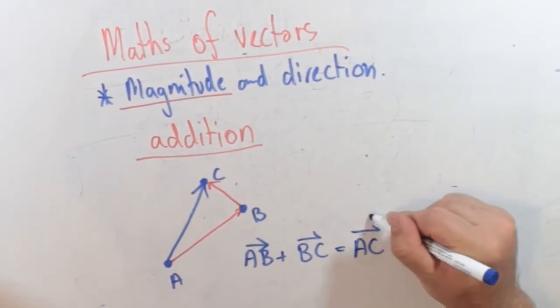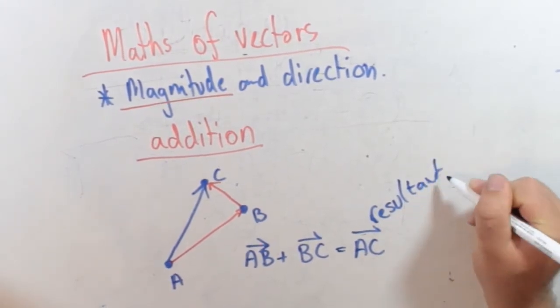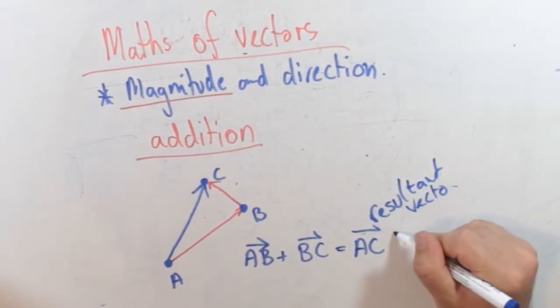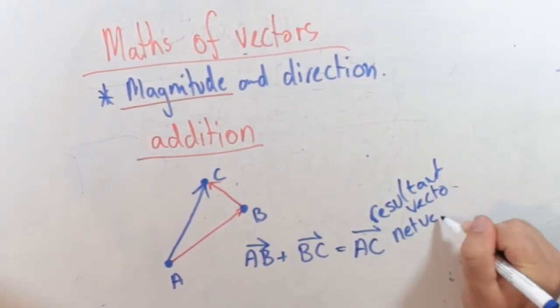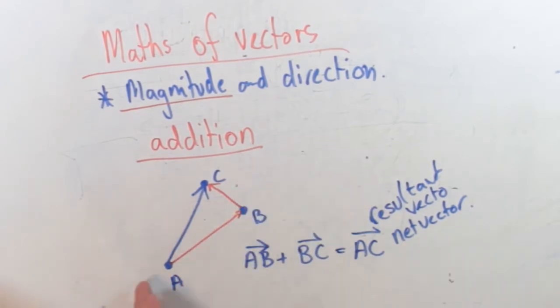So this is called a resultant vector, or sometimes I call it the net vector. In physics, the net force is the sum of the forces, with the result in this direction.